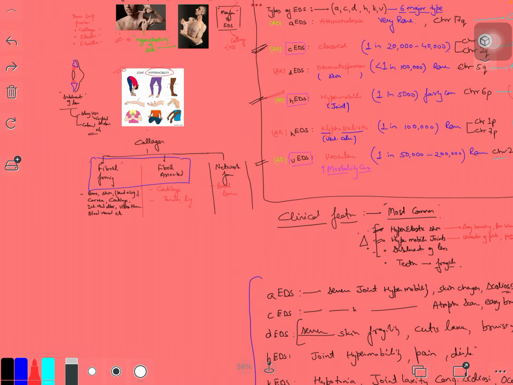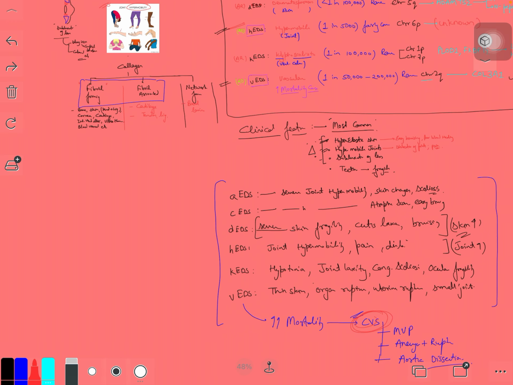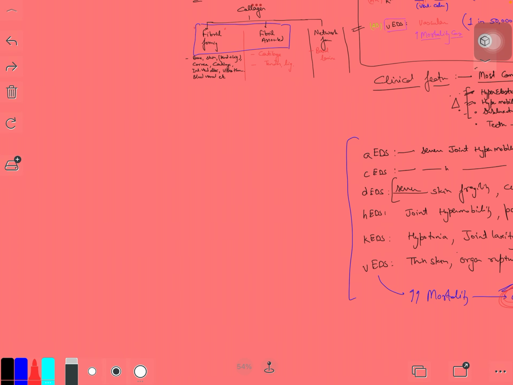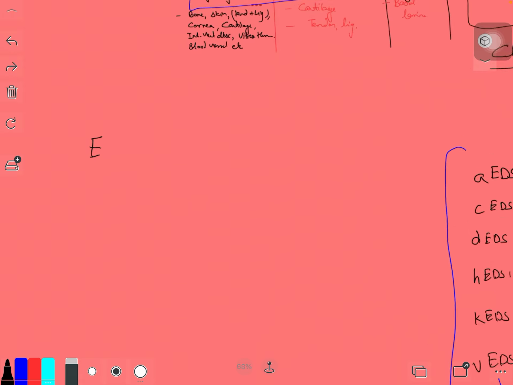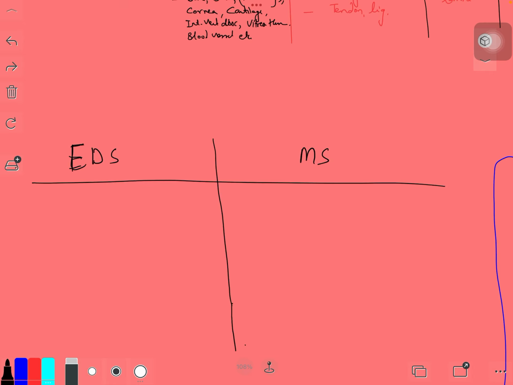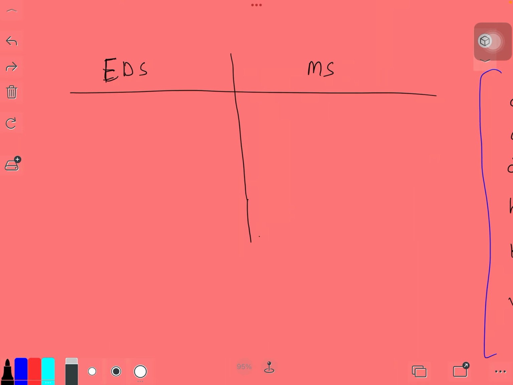Right, so the person who knows Marfan also knows now what EDS actually is. Now we get so confused between EDS and Marfan syndrome. These two are almost similar, okay, but some things differ. First thing, EDS affects collagen, MS affects fibrillin, right?